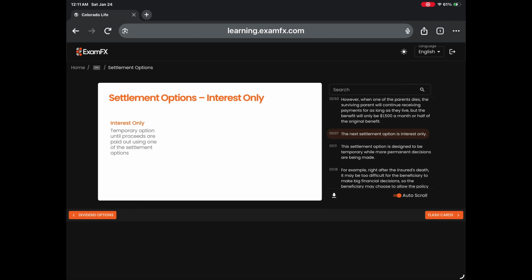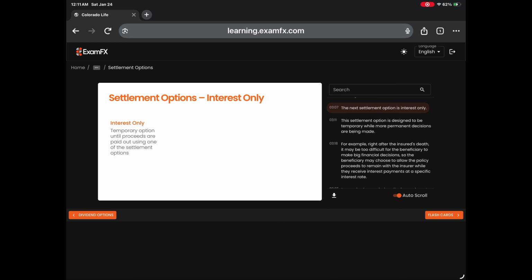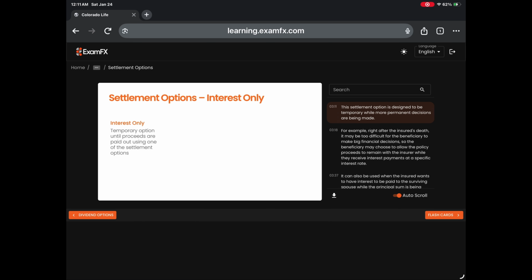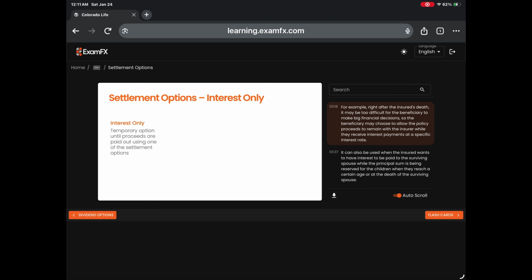The next settlement option is interest only. This settlement option is designed to be temporary while more permanent decisions are being made. For example, right after the insured's death, it may be too difficult for the beneficiary to make big financial decisions, so the beneficiary may choose to allow the policy proceeds to remain with the insurer while they receive interest payments at a specific interest rate.